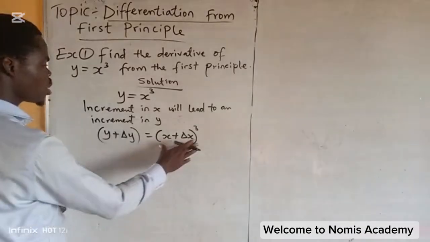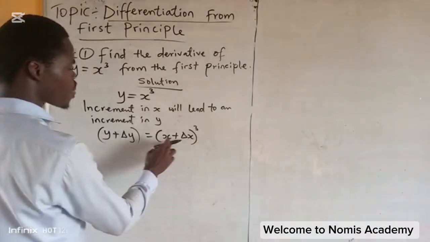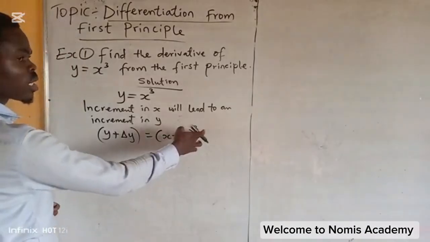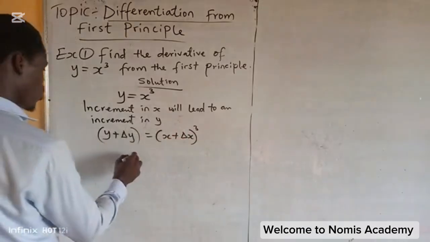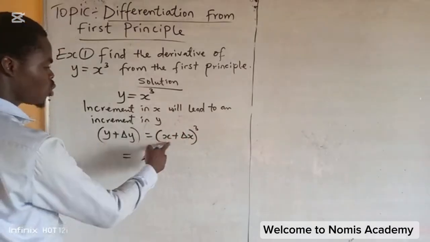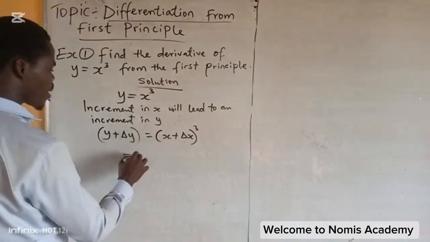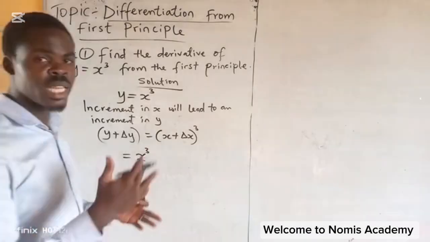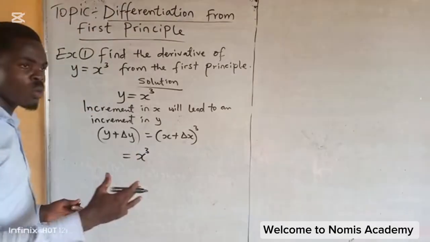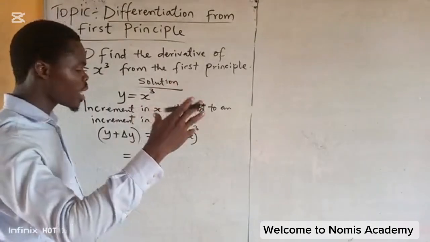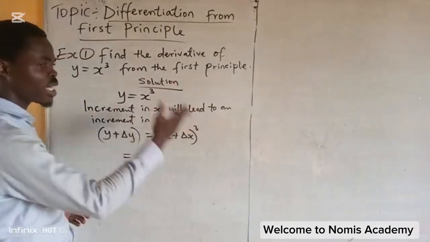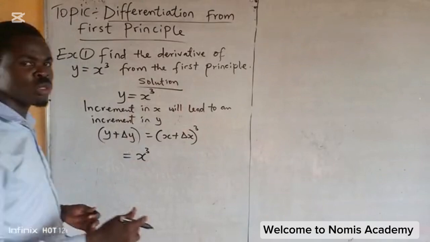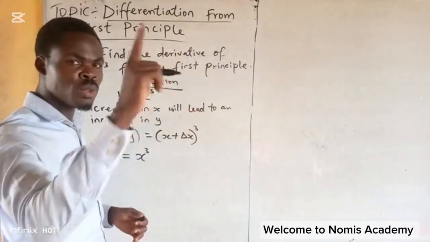So the next thing we need to do, we need to expand x plus delta x. This is the cubic form. So to do the expansion, we have x raised to the power of 3. We are using the idea of binomial expansion, using Pascal triangle. Since we have 3 as the power, the coefficient will be 1, 3, 3, 1.